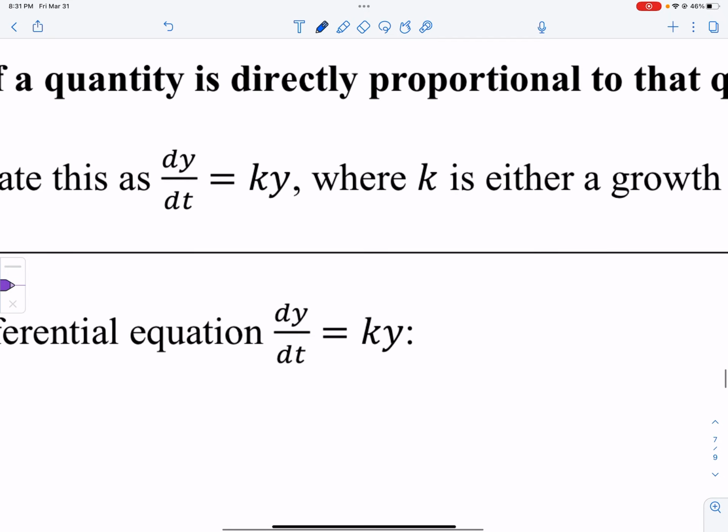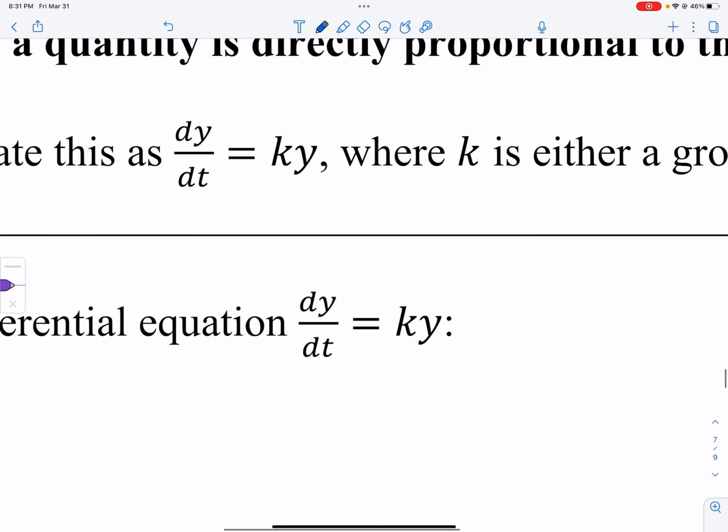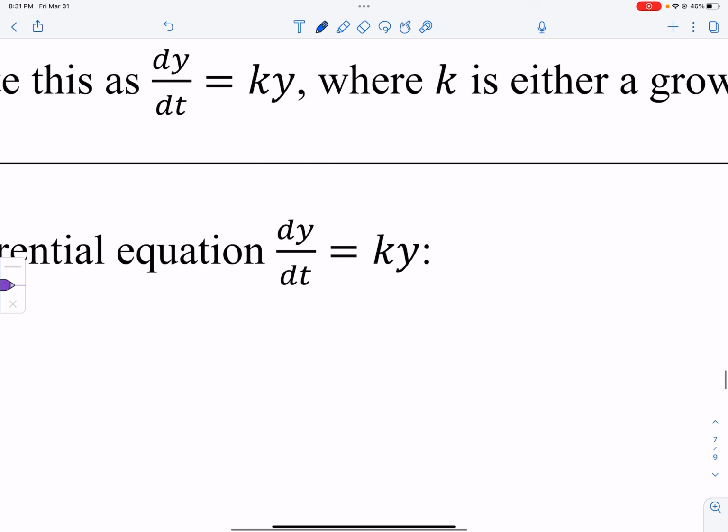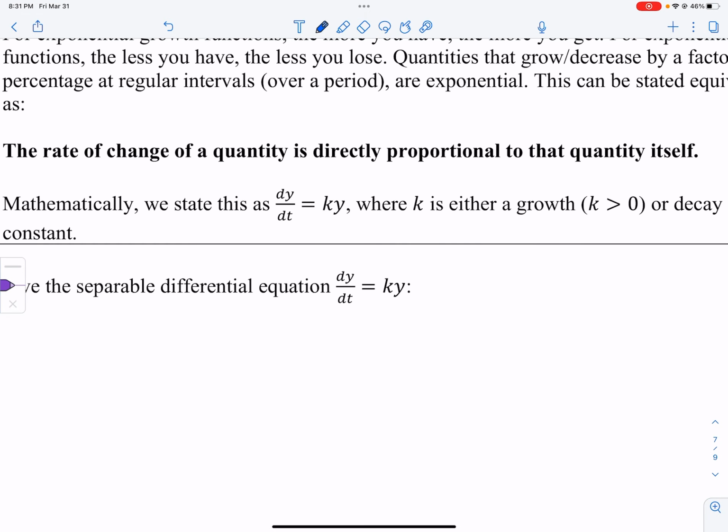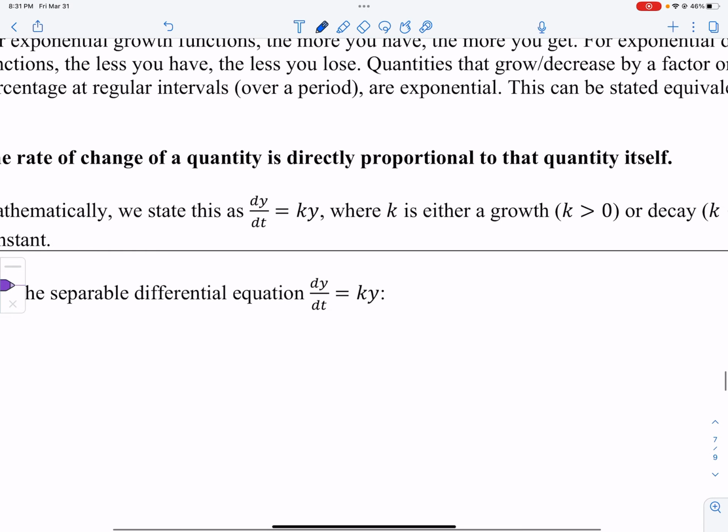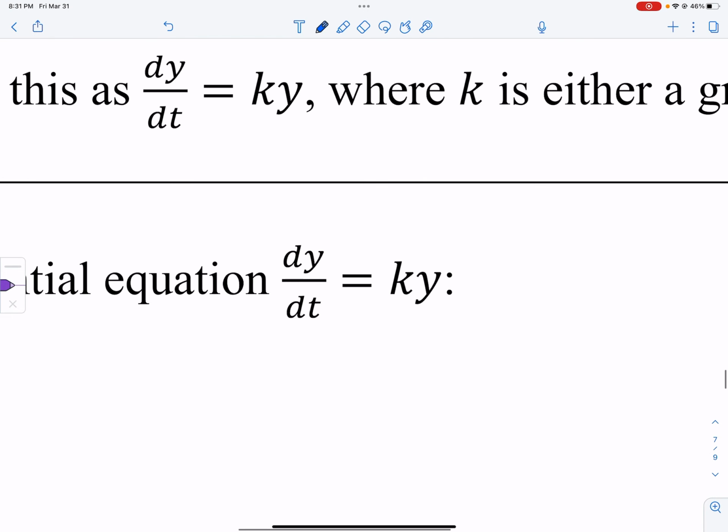So we can find the general solution to this equation using the method that we've been using in these two sections because it's a separable differential equation. So getting y and dy on one side, and we're going to have k and dt on the other. And remember, k is just a constant.